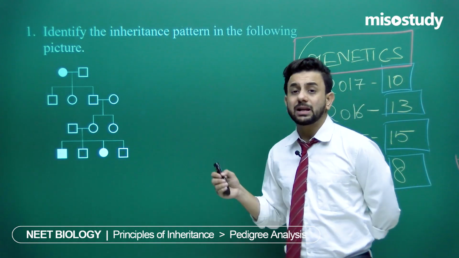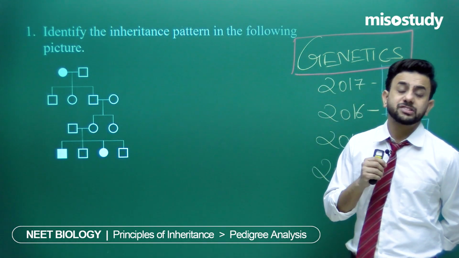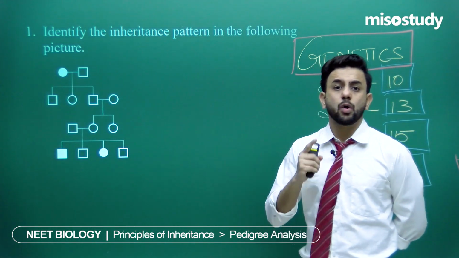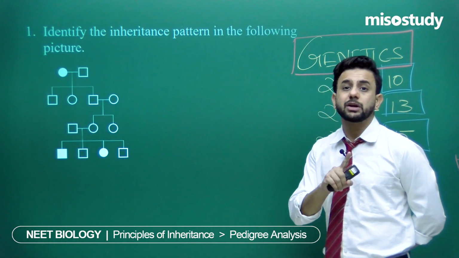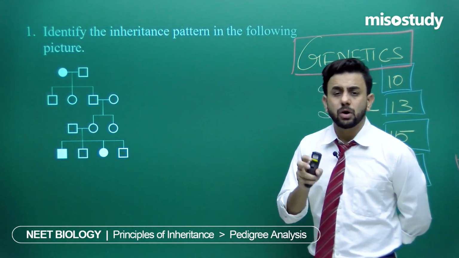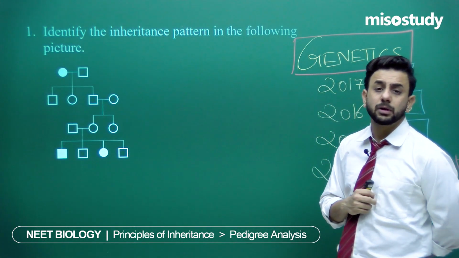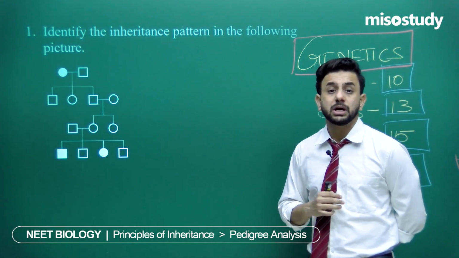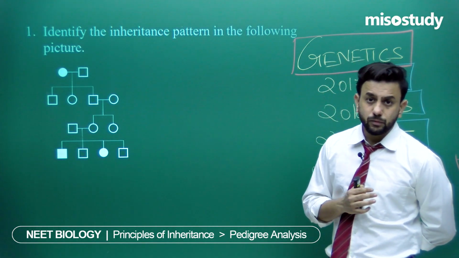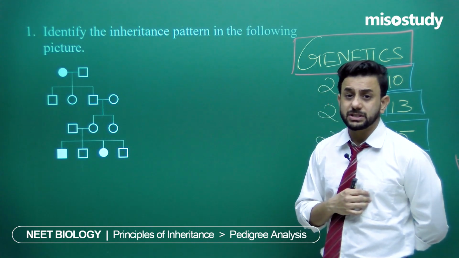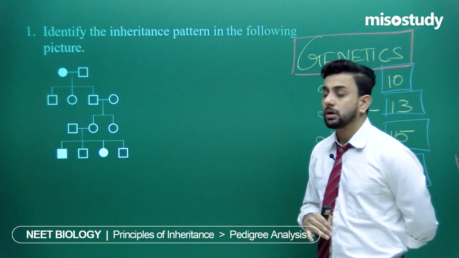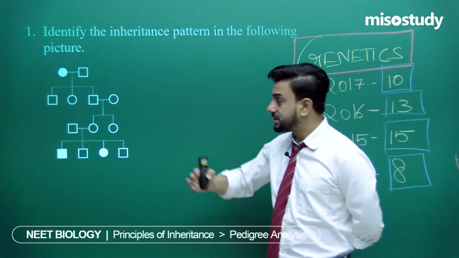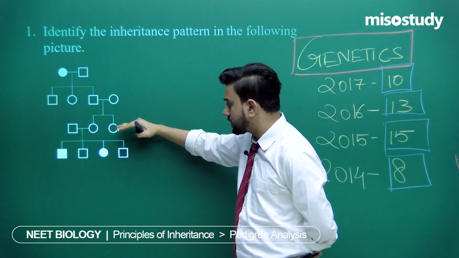The pedigree analysis is very important because there are maximum chances one question will be from this particular unit and it won't be easy. See, there are certain laws we have to remember. For example, for a trait to be dominant, it has to be affected in every generation. Like this is the first generation, the second generation, the third and the fourth.